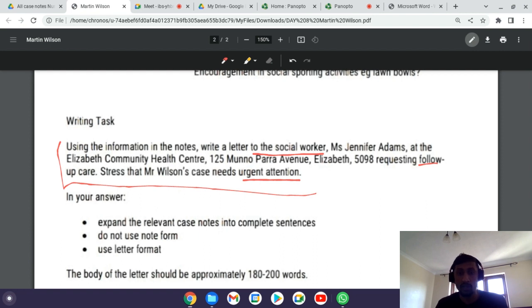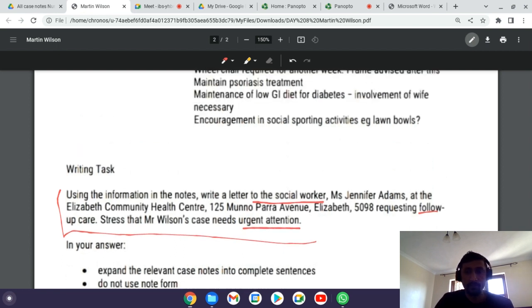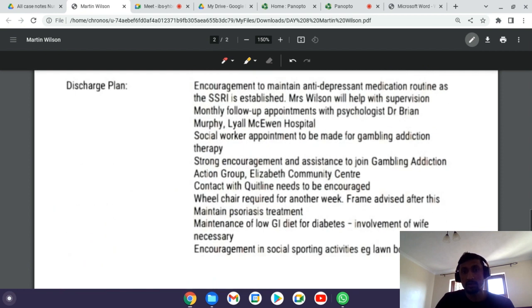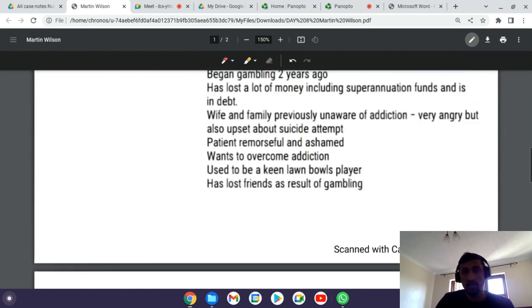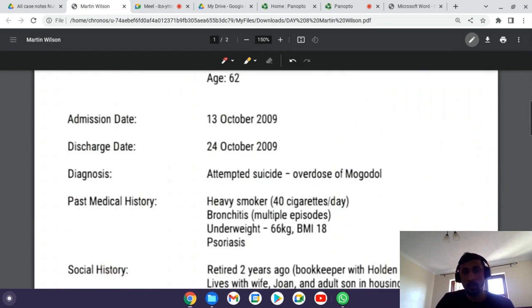Those are the two important things you have to say in the introduction. Then we are going to see why we are writing a letter to the social worker, and why the patient needs urgent attention and requires follow-up care. For that we have to read from top to bottom.